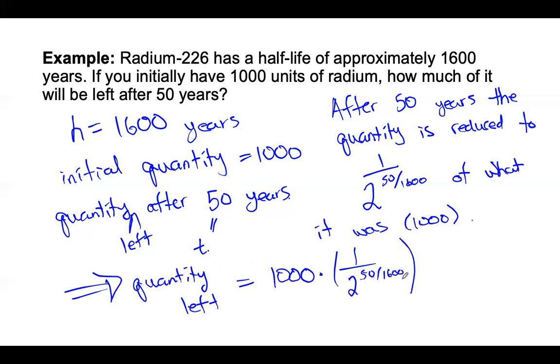You would need a calculator for this, so you would use a calculator and get 978.57. Write that down. And so that's the amount you reduced.